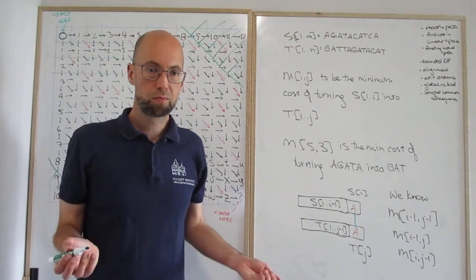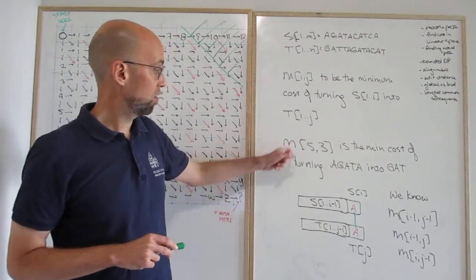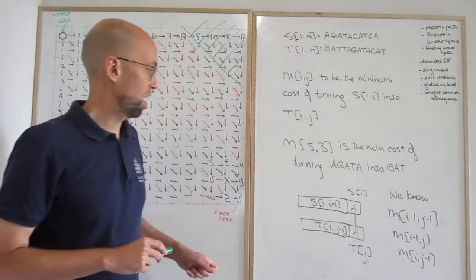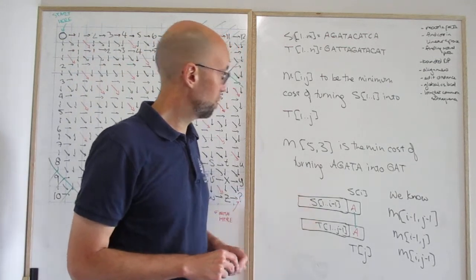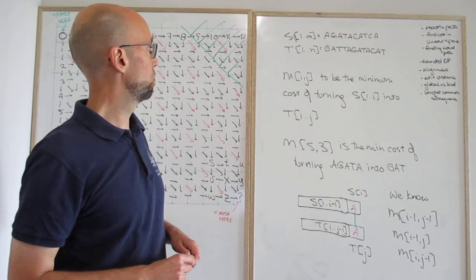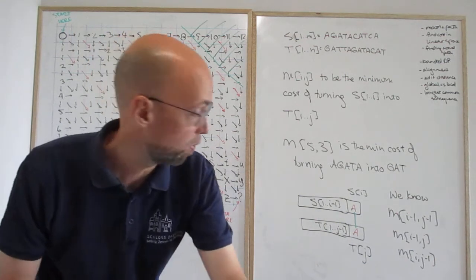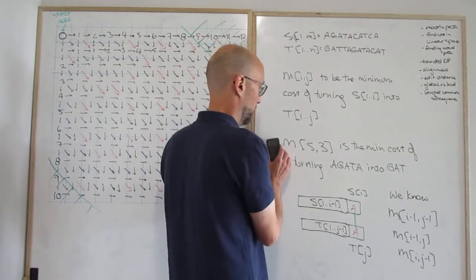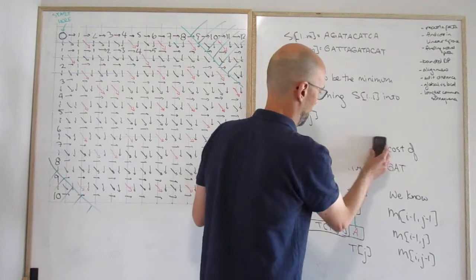Okay? In that case, what is Mij? Well, it's Mi minus 1, J minus 1. So I'm going to erase this part, because it's not really helping.